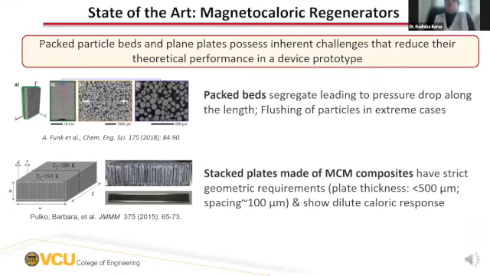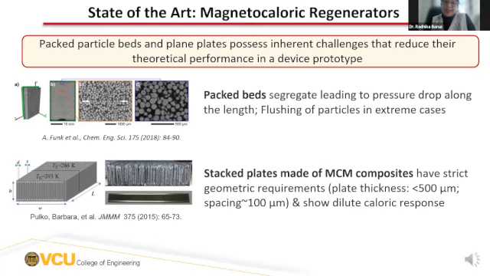Even now, most of the prototypes that are out there are made up of either packed particle beds or plain plates, and each of them has its own inherent challenges when you deploy it in a device. Packed beds, for instance, segregate, leading to pressure drop along the length. And in extreme cases, it can also lead to flushing of the particles into the surrounding heat exchange media.